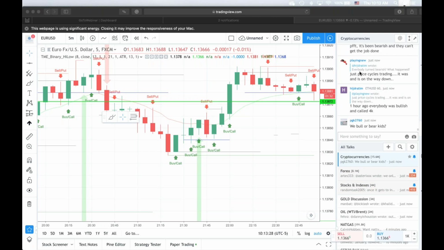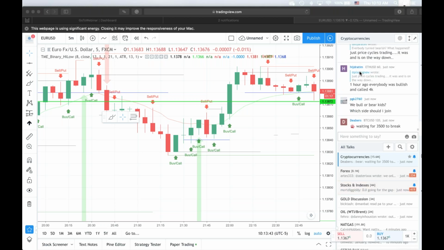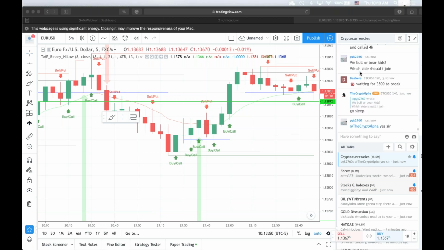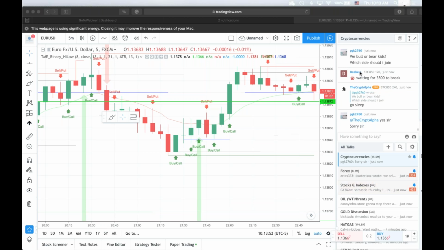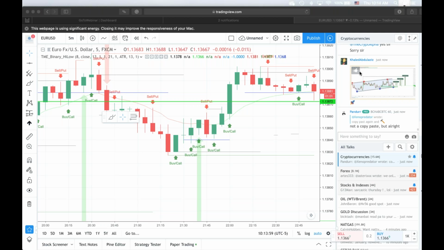Sometimes the blue line will follow the chart, like Joe said, it's acting as support and resistance, and sometimes it will follow the chart and act as a dynamic support and resistance line.